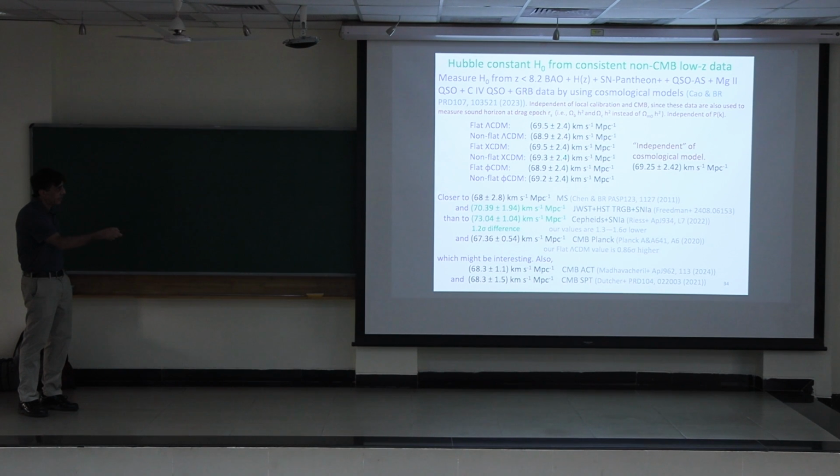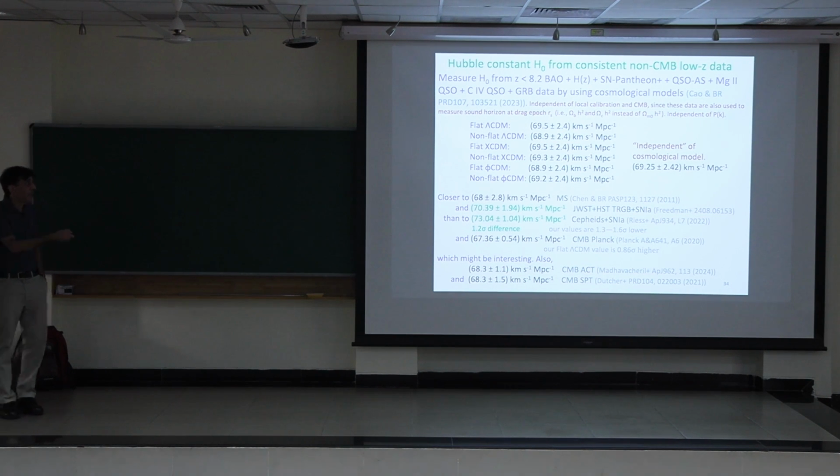And this is a statistical error, plus or minus 2.4. So if you add that in quadrature and then take the 2 central points, 69.3 and 69.2, and average them, you get 69.25 plus or minus 2.4. And this is independent of the cosmological model because the difference between them is plus or minus 0.3.